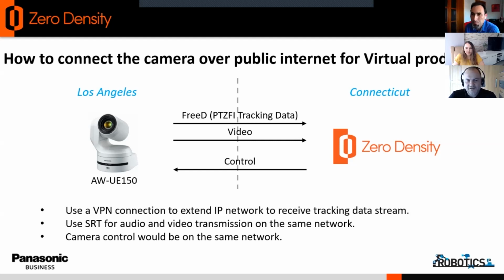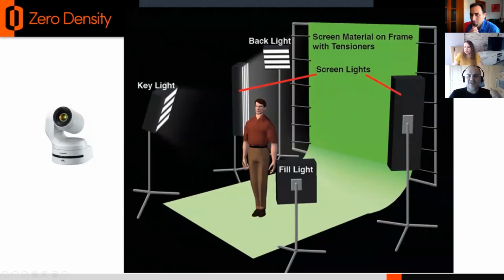Yes. On the slide, I would like to add that on the Los Angeles side, think that you have a green screen cyclorama like this, right? And you're shooting some person in front of the green cyclorama. But then you have to transmit that video, audio, and tracking data through the wide area network to the studio in Connecticut, for example.